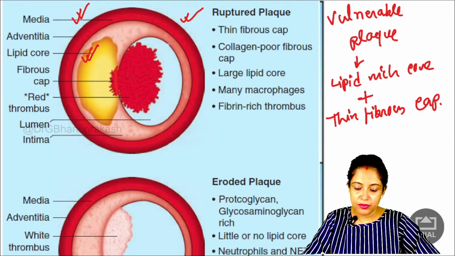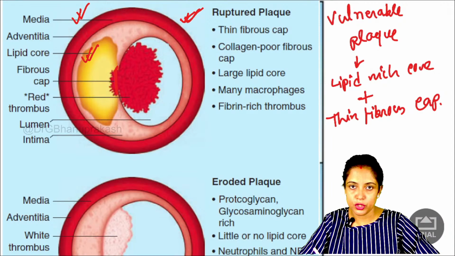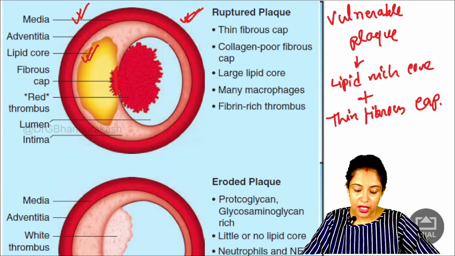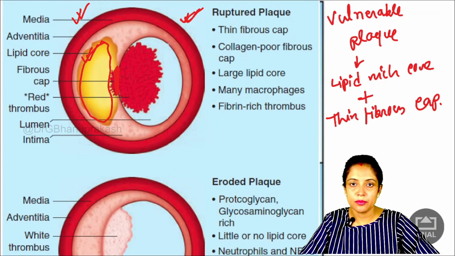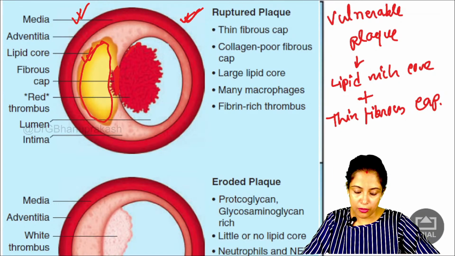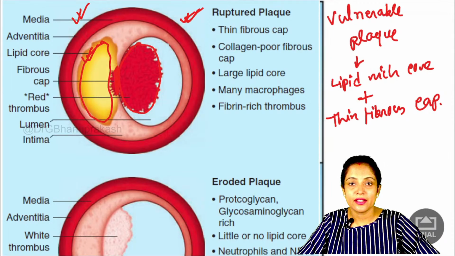In this picture, we can see a plaque which is ruptured. It was vulnerable because we can see a large lipid-rich core and a thin fibrous cap. It has ruptured, and because of the rupture, there is formation of a thrombus. When a plaque ruptures, there will be activation of platelets followed by aggregation of platelets, and the coagulation cascade also sets in.